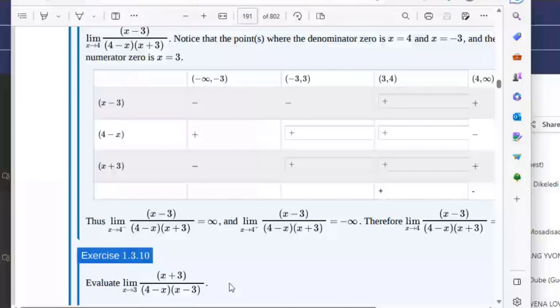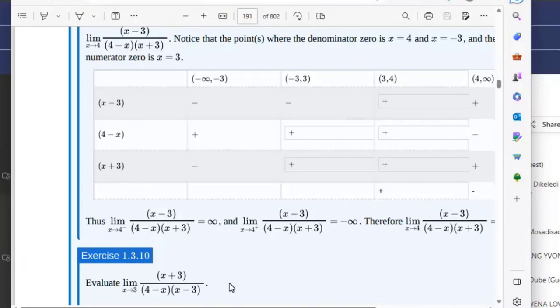Is my question clear? So we are not approaching from the right nor left, just approaching 3. We are evaluating this limit when x is approaching 3. Yes, that is my question. This one, exercise 1.3.10.